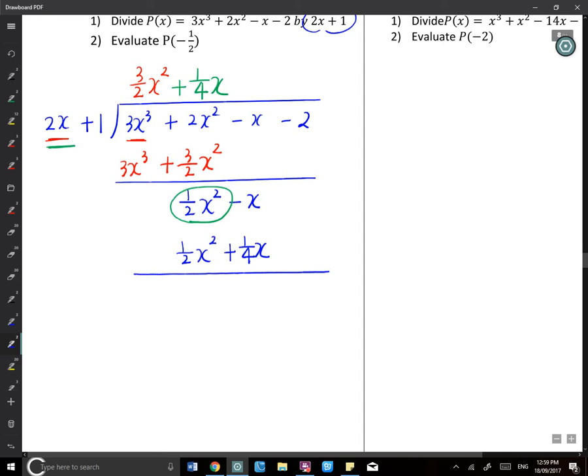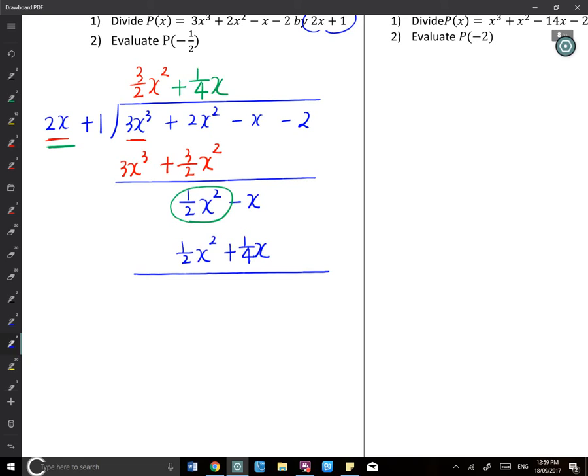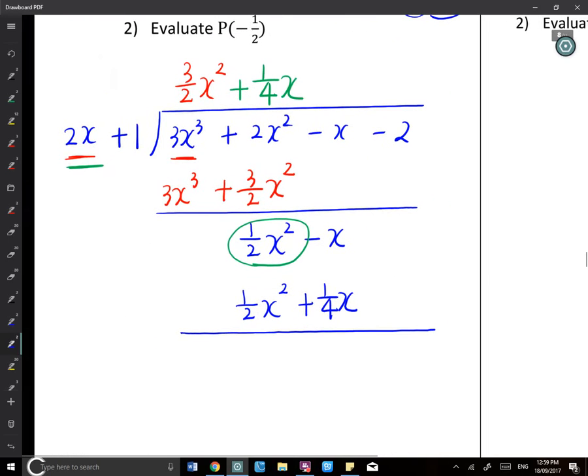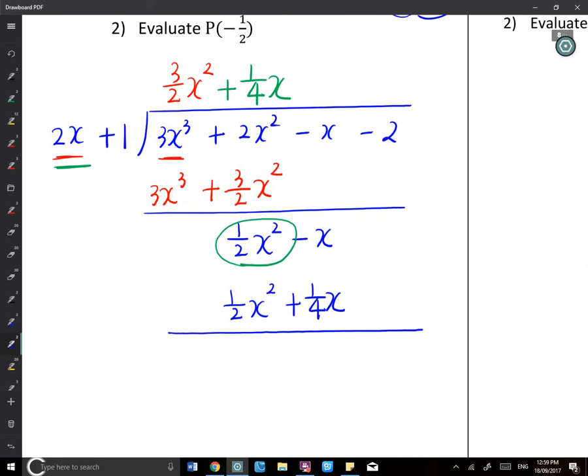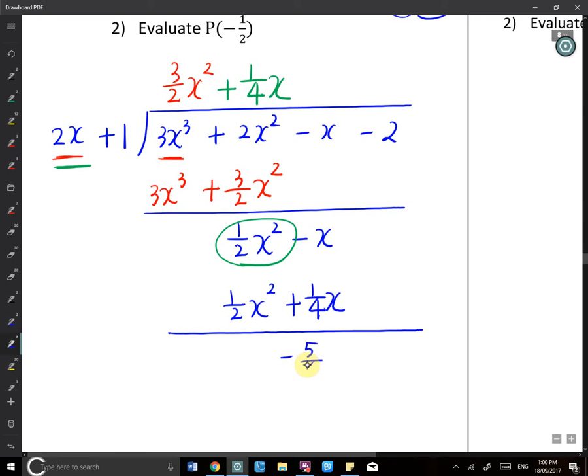We're almost there. What's the difference between those two terms? Minus 5/4. Everyone agree? Subtract 1 and subtract a quarter, so it's minus 5/4 x. And move the last term down, which is the minus 2.